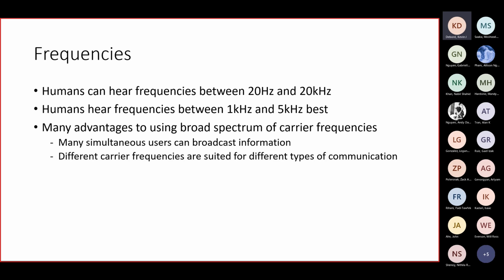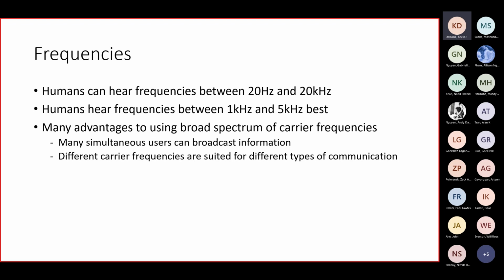Okay, let's see this. This seemed important. Humans can hear frequencies between 20 hertz and 20 kilohertz. Yeah, she talked about this in class, I believe. And humans can hear frequencies between 1 kilohertz and 5 kilohertz best. Funnily enough, that's where I think AM transmission runs through. There's many advantages to using a broad spectrum of carrier frequencies, one of which being that many simultaneous users can broadcast information.